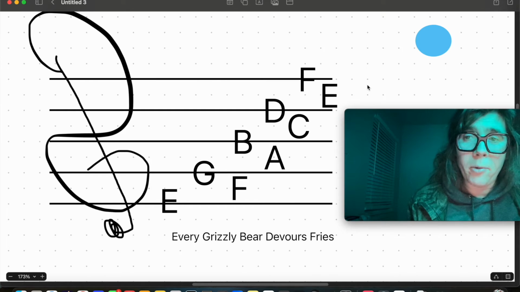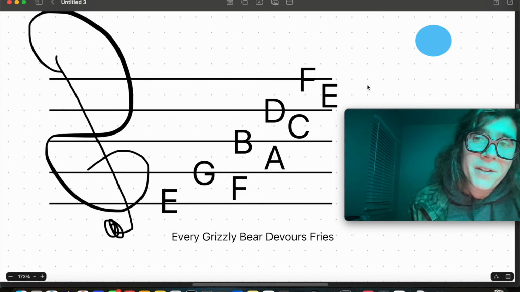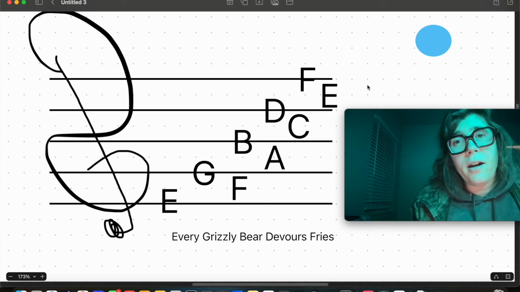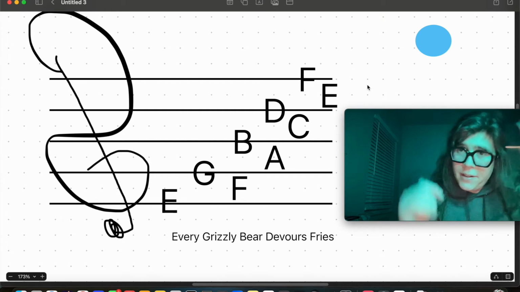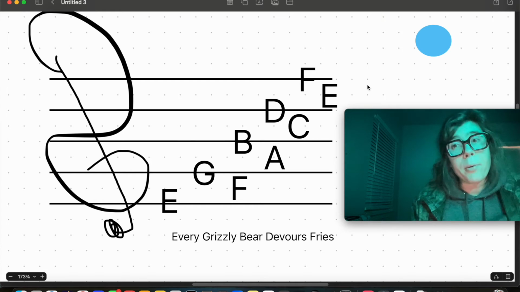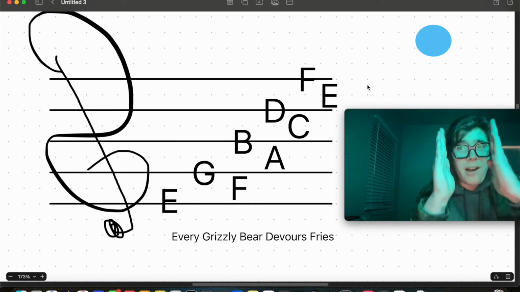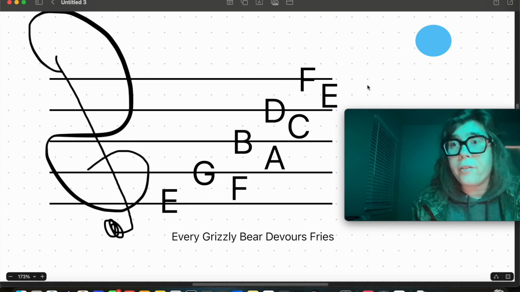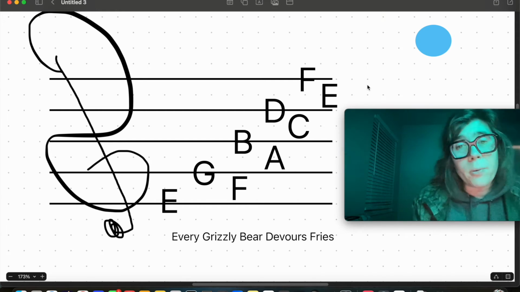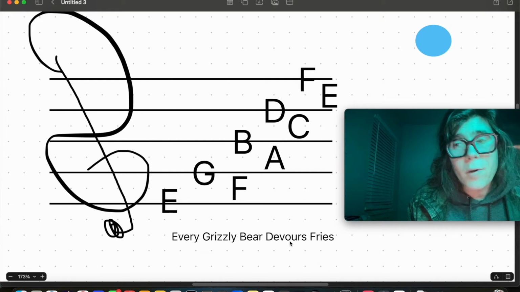That's another way to memorize it, that the spaces in between stand for those things. Now, we could continue to expand our staff going up or down by adding additional little lines called ledger lines. I'll probably discuss that more in another video, but that's the way that we're going to think about treble clef.